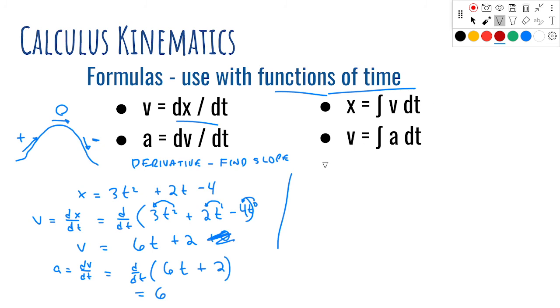On the other hand, I could go the other way and use this little funny mark, which is called the integral. And the integral is useful because it finds the area under a curve. Okay, if I have a function of time that looks like that, maybe this represents me riding to the park and then to the store, something like that.